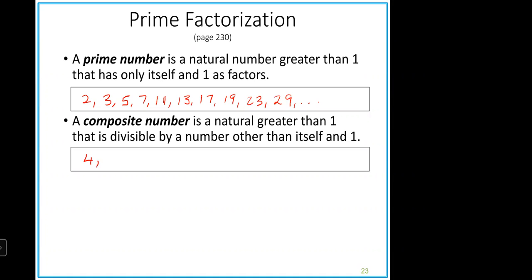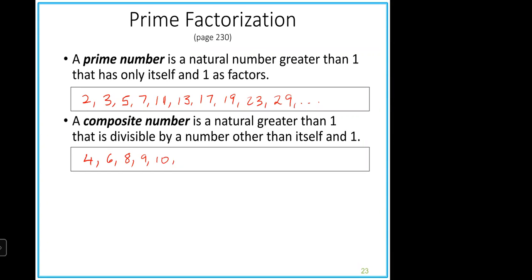And the next one will be 6. Then 8. What's the next one? We're going for the first 10. Then 10. Before 10, there's another one. 9. Okay. Then 10.